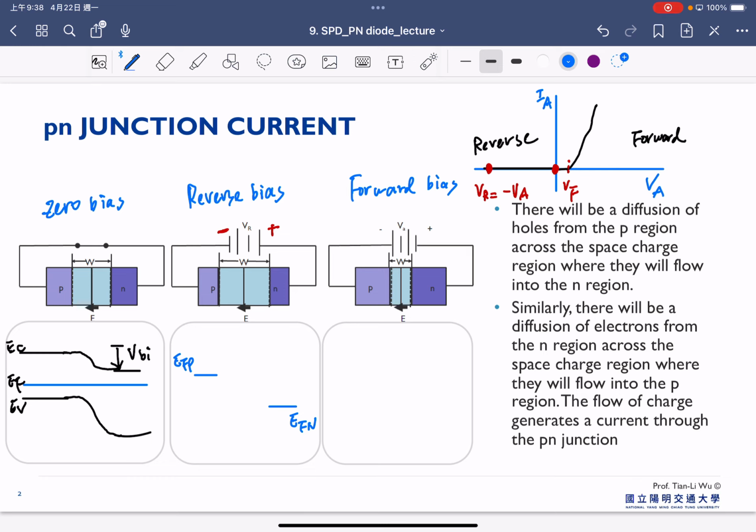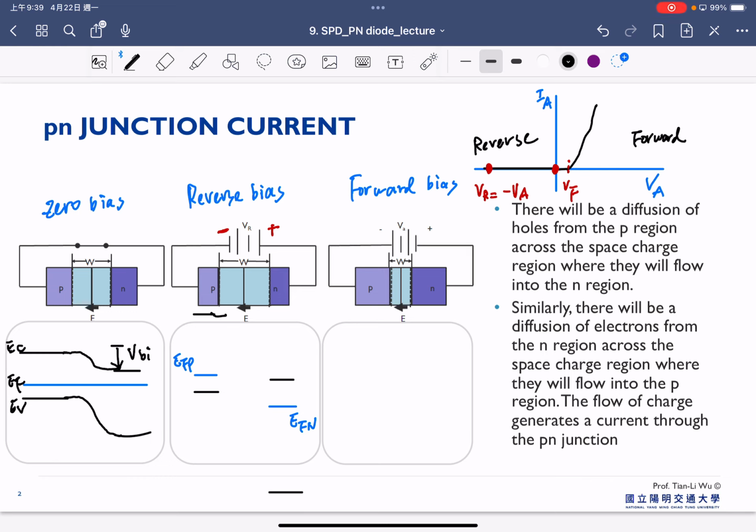Of course, the left-hand side is still the P region, so our Fermi energy is close to the valence band, similar to before. Under this case, the Fermi energies are continuous in the system.